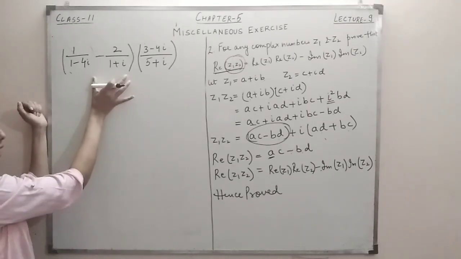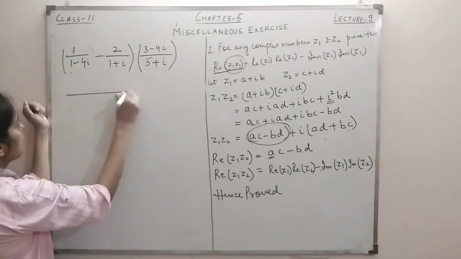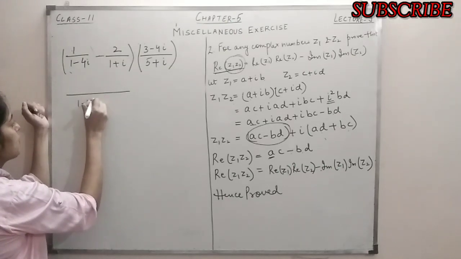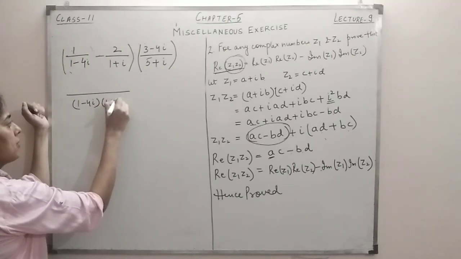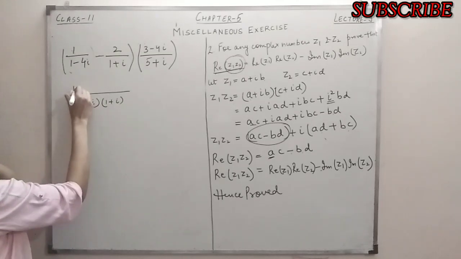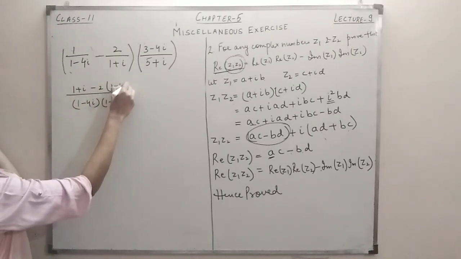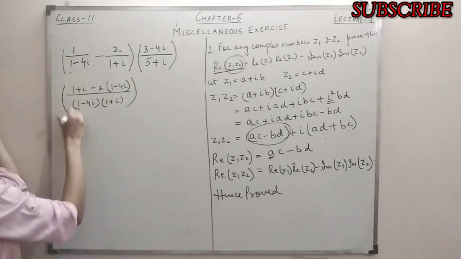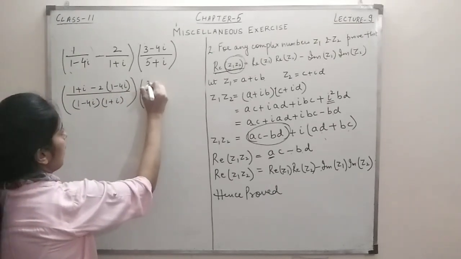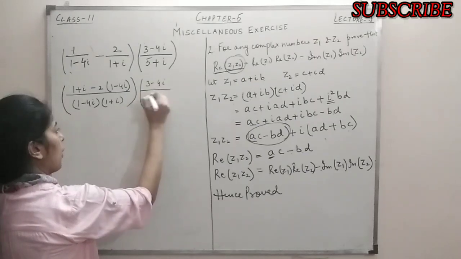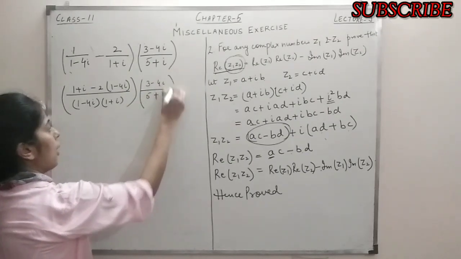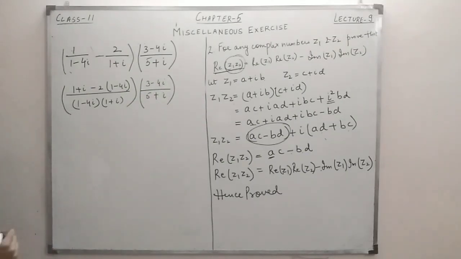First of all, we'll take LCM. What is the LCM in the first bracket? That is (1 minus 4i) into (1 plus i). What will come? 1 plus i minus twice of (1 minus 4i), right? This as it is, (3 minus 4i) upon (5 plus i). Now solve this.